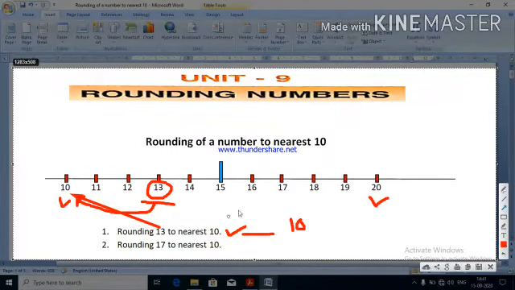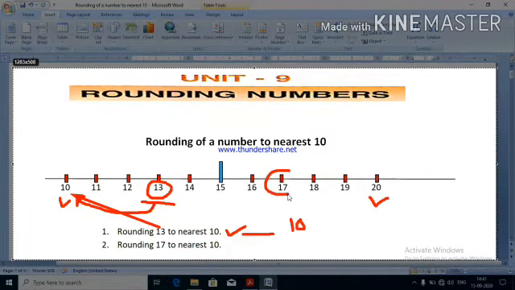Okay, and rounding 17 to the nearest 10. Here is 17. Here 17 is nearest to which number? It is 20.